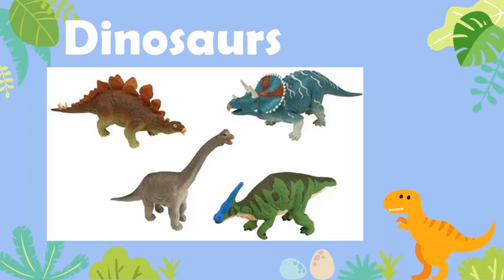Now that we're talking about dinosaurs, do you know what kind of creatures the dinosaurs were? And why do I refer to it as were? Yes, they don't exist anymore. They are extinct creatures. You have learned the term extinct, isn't it? We do not see dinosaurs anymore.